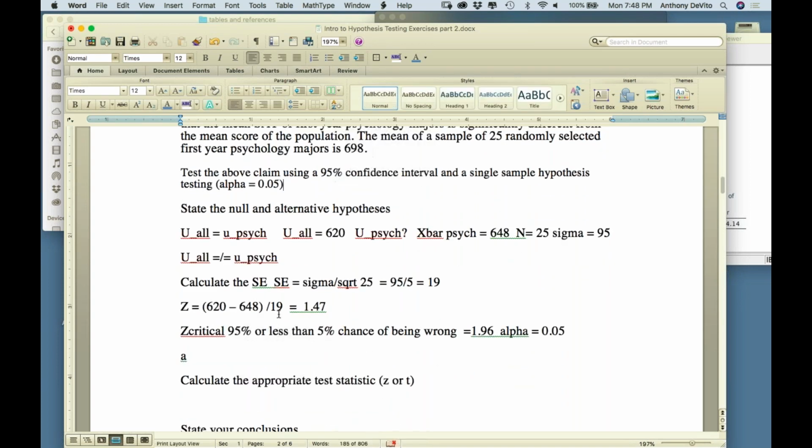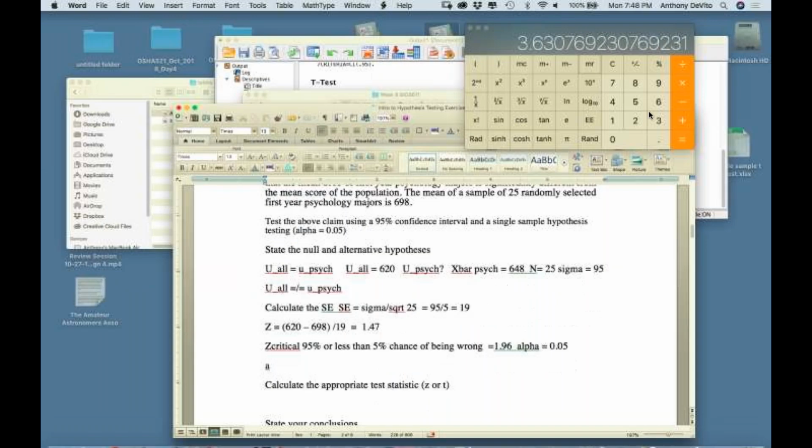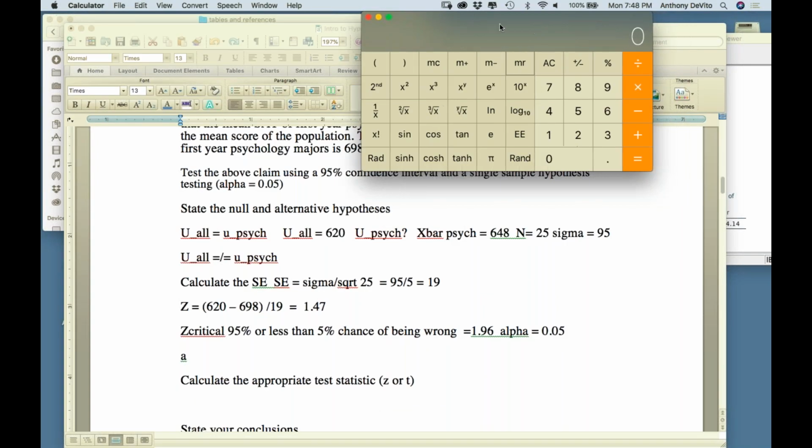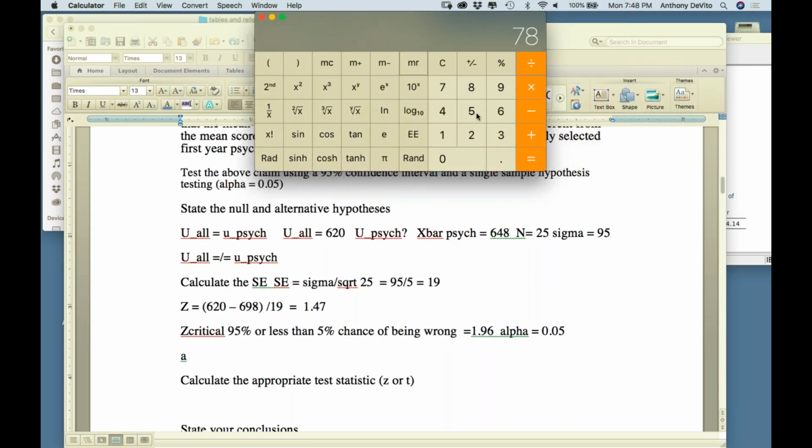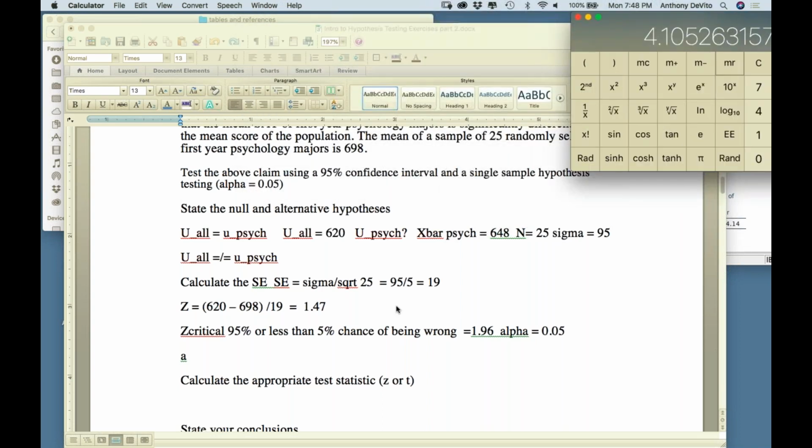The difference between the two of these is how much? 78. 78 divided, oops, I'm sorry, that's 25, that's these. What was that again? That was 19. So that's 78 divided by 19, which is equal to 4.1. Big difference, right?